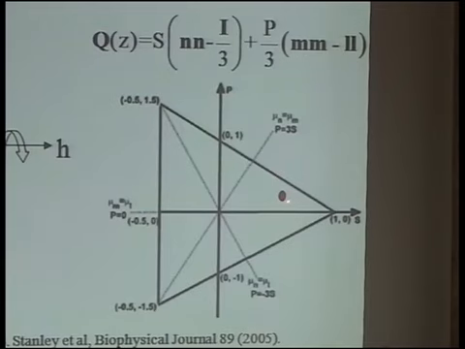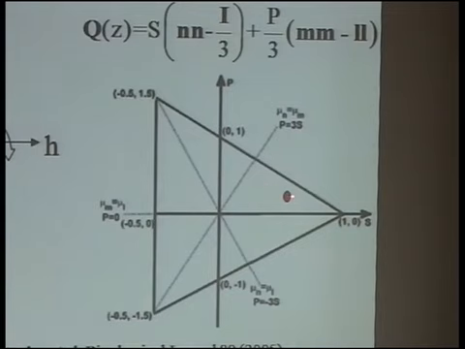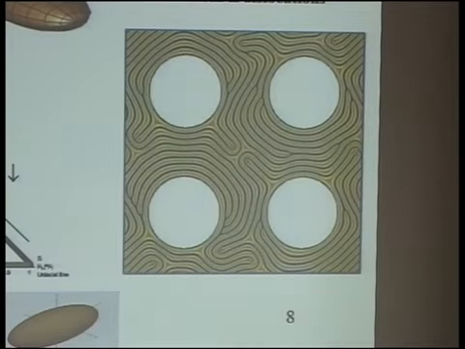So the root that corresponds to a stable, homogeneous chiral nematic phase is going to live somewhere here and not on this line. This line was the P equal to 0 line. So I describe some more what happens.